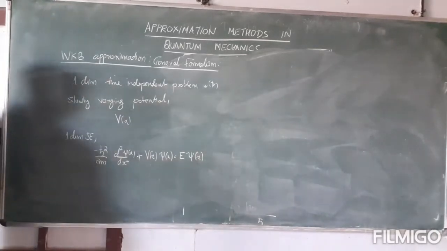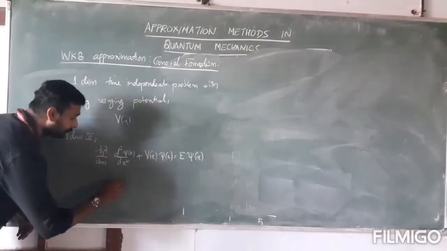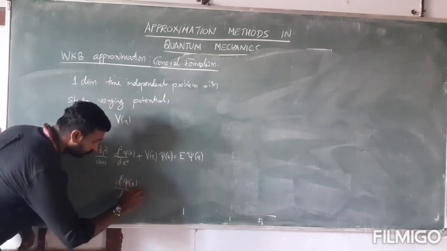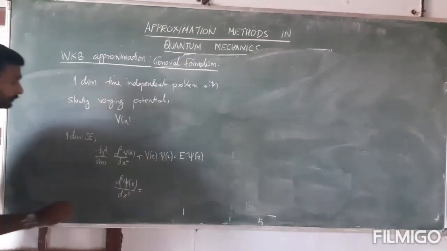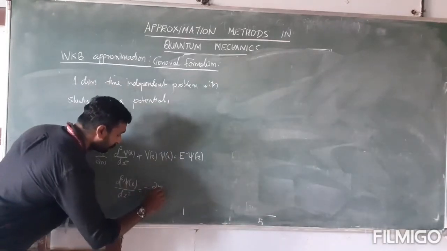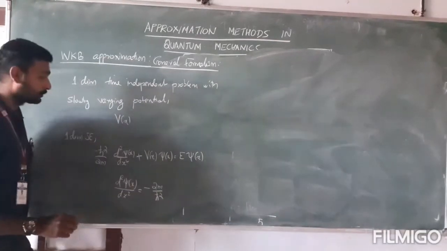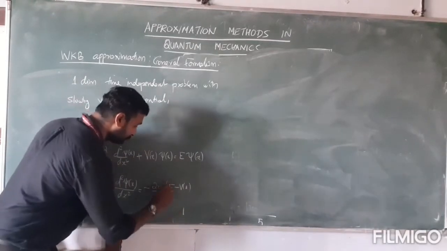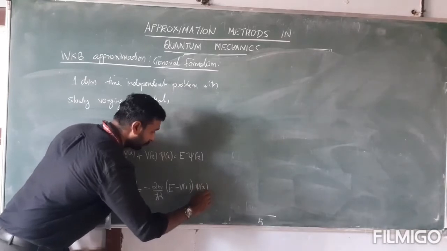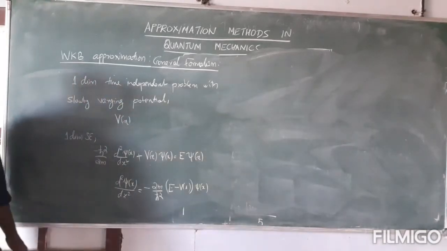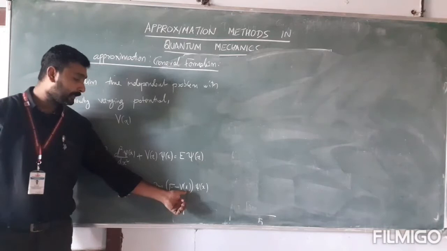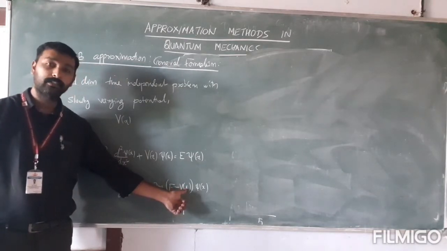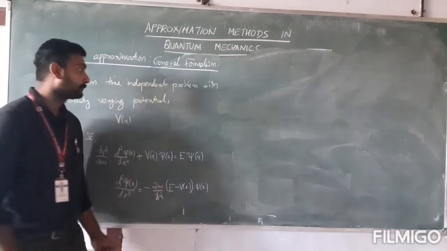If you rearrange it, I can write d squared psi of x by dx squared equal to minus 2m by h bar squared (E minus V of x) into psi of x. Now 2m into (E minus V of x) can be identified as the classical momentum squared.